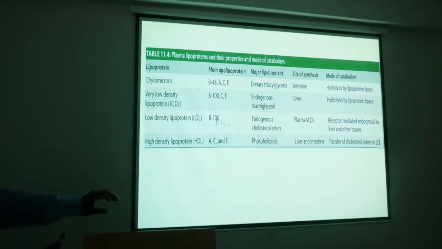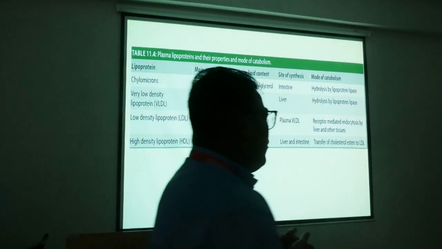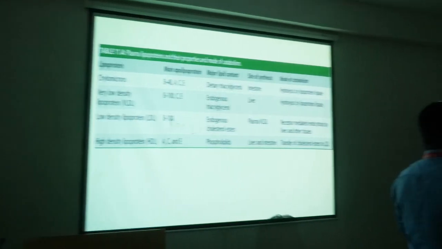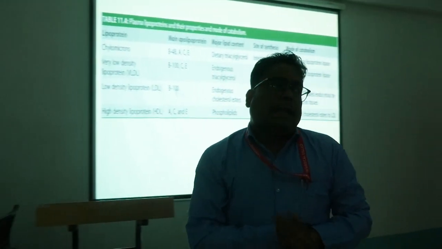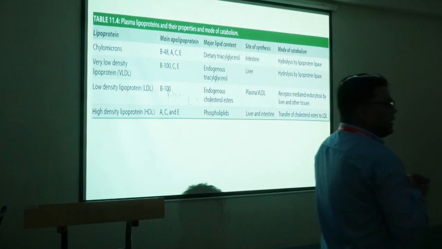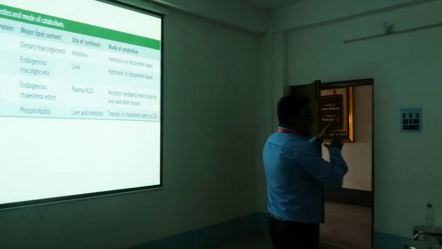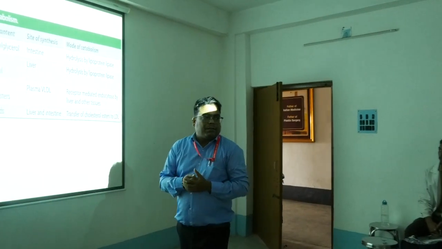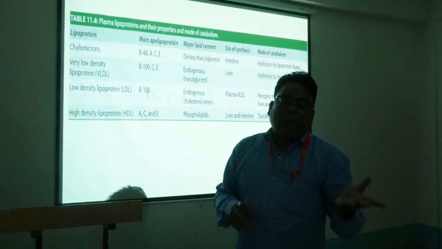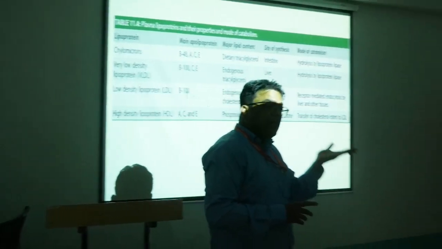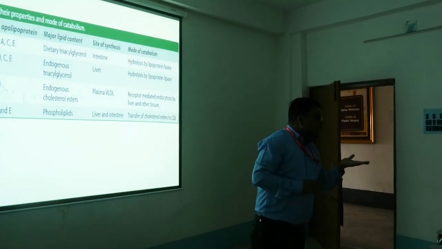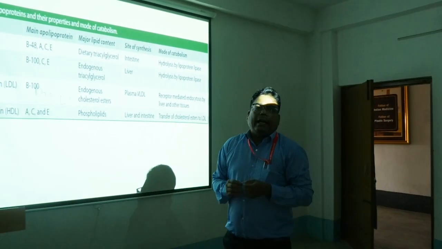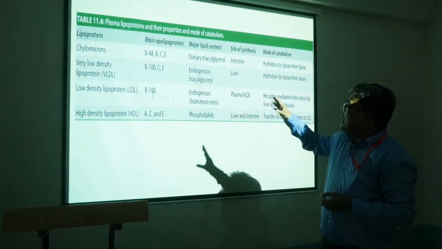Now, if we take the difference between all of these lipoprotein molecules, here is the attachment of apoproteins. Apoprotein is what? It is a peripheral protein. What is the function of this apoprotein? First, they recognize the receptor, and they also activate the enzymes and suppress enzyme activity. Which ones are apoproteins?